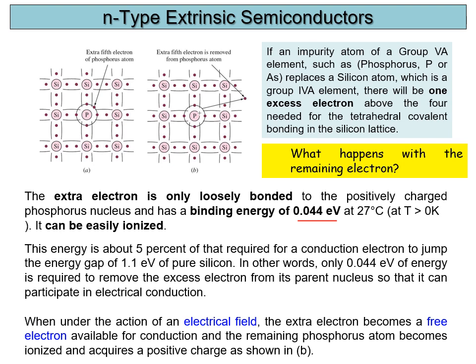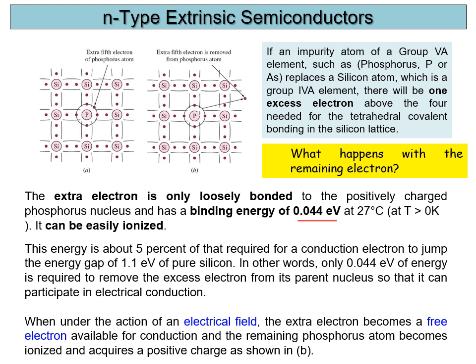In other words, only 0.044 electron volt of energy is required to remove the excess electron from its parent nucleus so that it can participate in electrical conduction. Under the action of an electrical field, the extra electron becomes a free electron available for conduction, and the remaining phosphorus atom becomes ionized and acquires a positive charge, as shown in figure B.